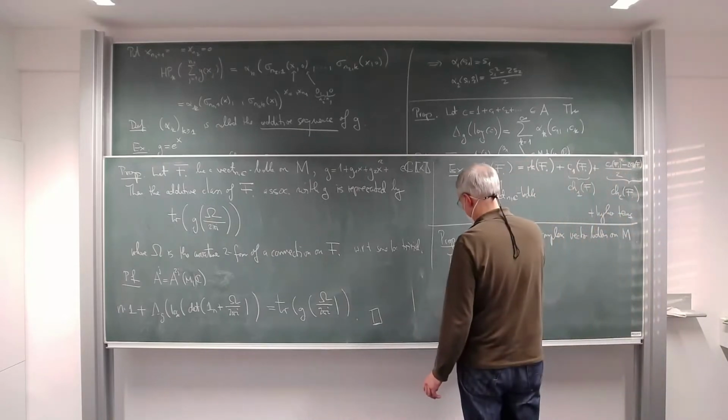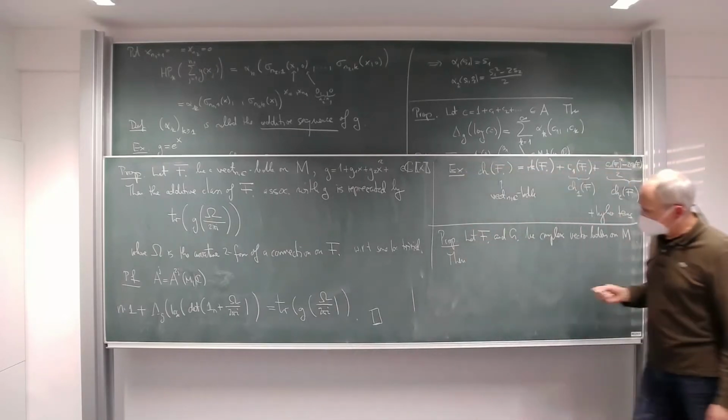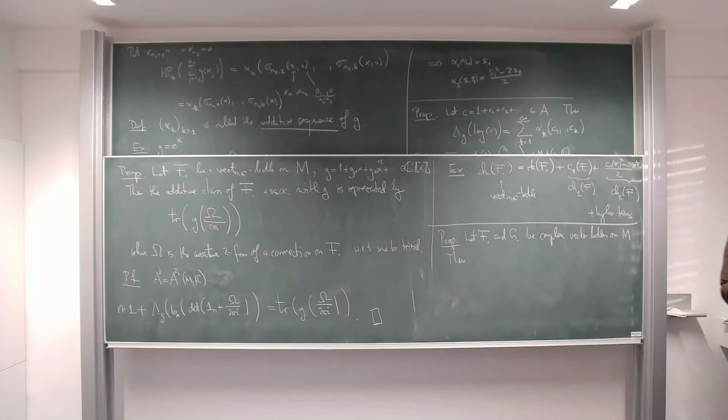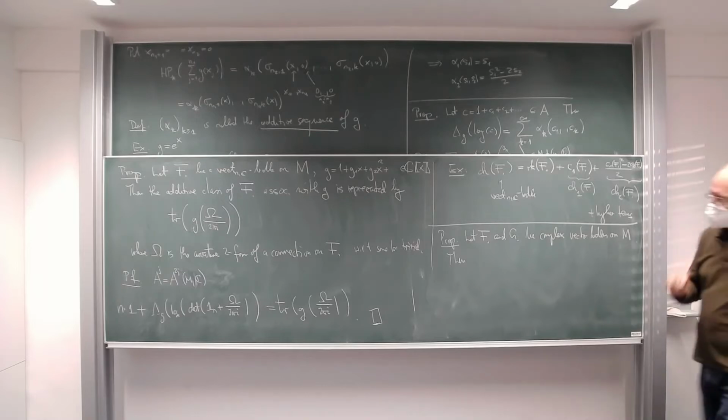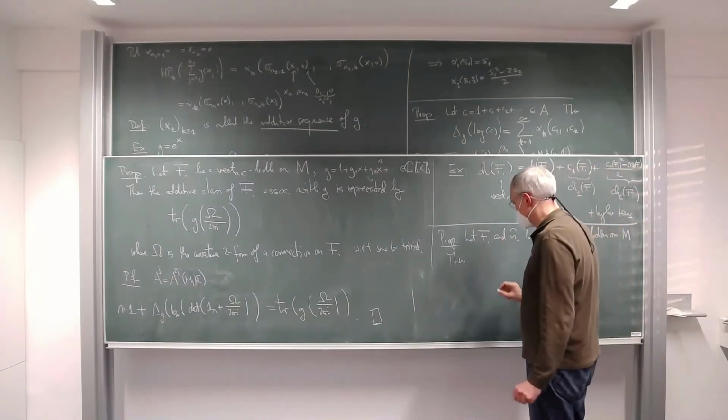Then we know that it's an additive class. So if we take the sum of the two bundles, then the Chern character applied to it is the same as the sum of the individual Chern characters. That's true for all additive classes, no matter what the power series. But in this case, we have an additional property.